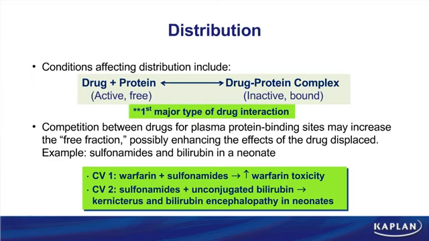In fact, compared to taking warfarin alone, when you combine warfarin and a sulfonamide, the free levels of warfarin are going to be increased because of the competition. Higher free levels of warfarin can produce a greater chance of warfarin toxicity. So that's the way this scenario would play out in the test question. Patient starts on warfarin. You've been monitoring them for some period of time.